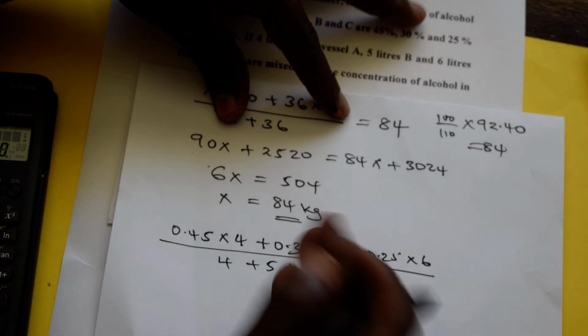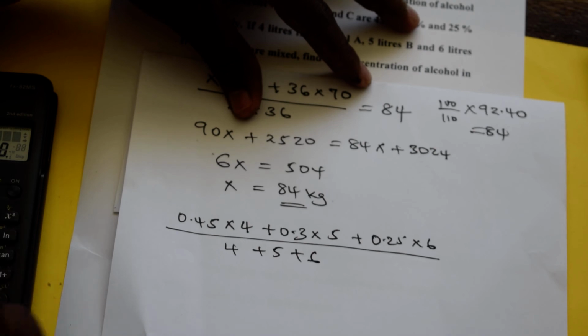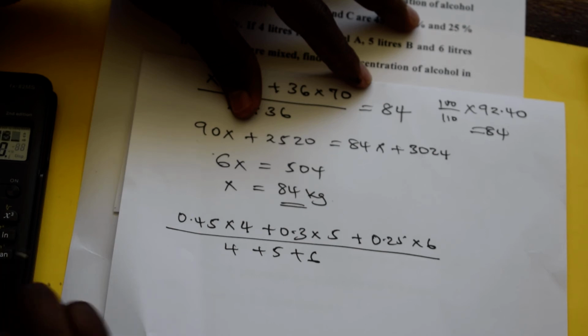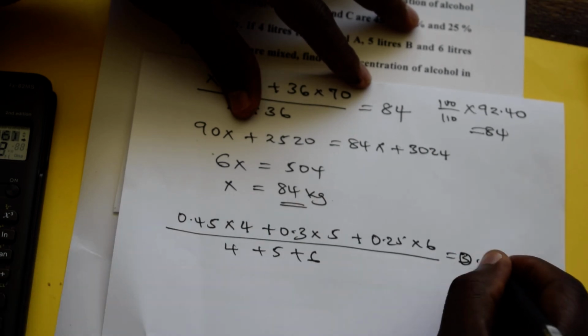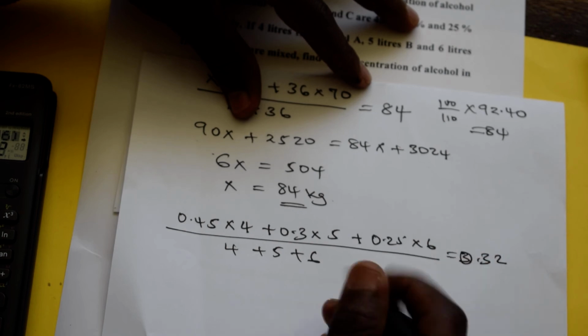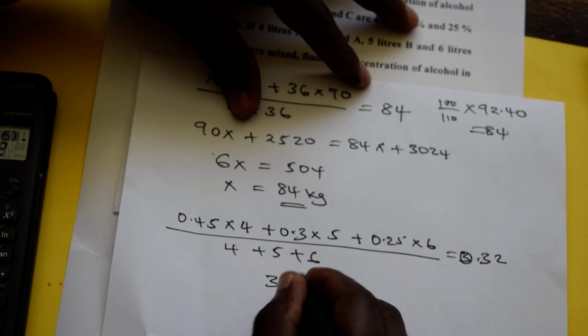So this is just an extension of when we had 2, and this will give us 0.32, which is the same as 32%.